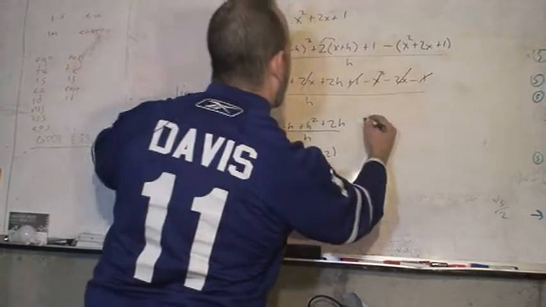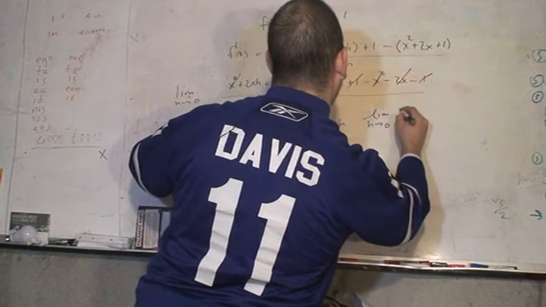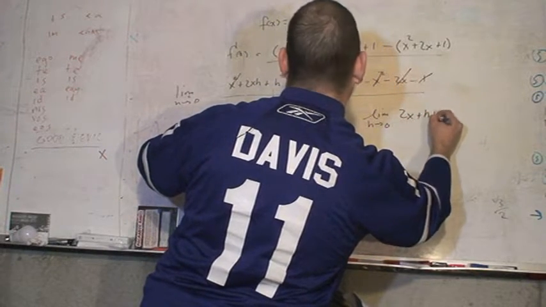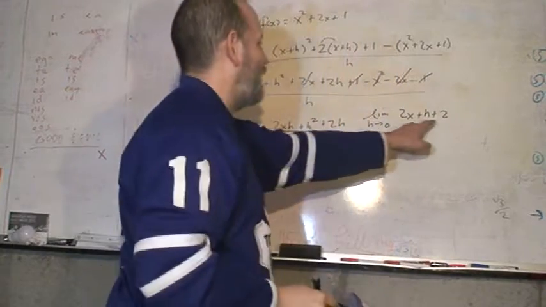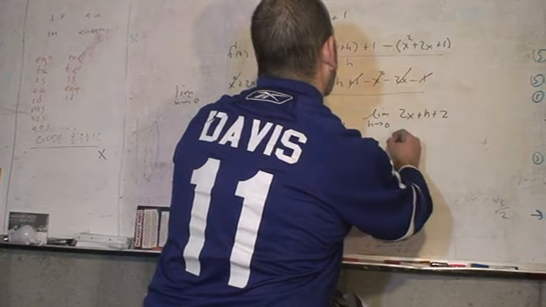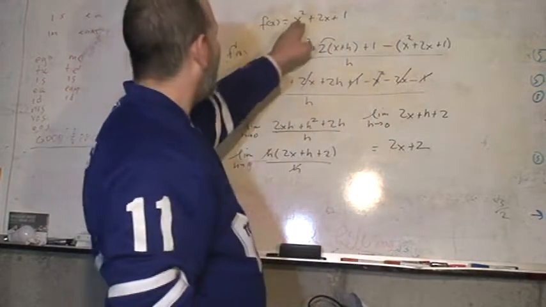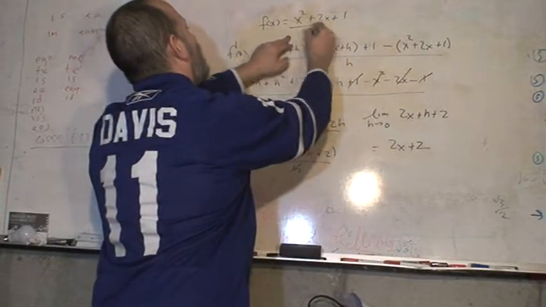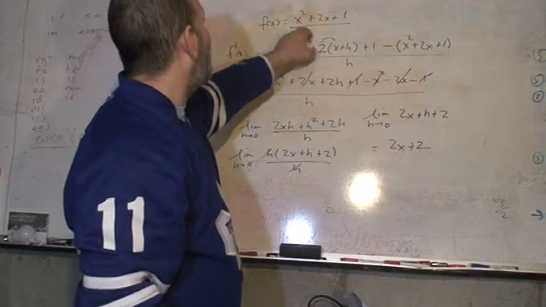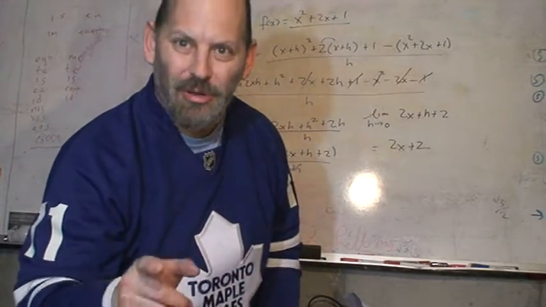So the limit as h approaches 0 of 2x plus h plus 2, this h goes to nothing, and this equals 2x plus 2, right? And if you look at this original function, the derivative of this is 2x plus 2. So guess what? We didn't do it wrong.